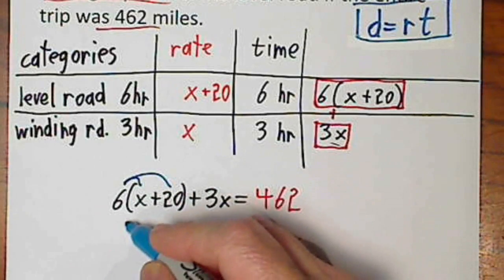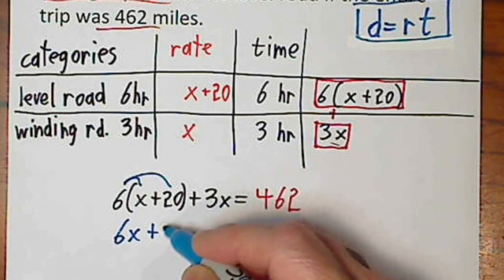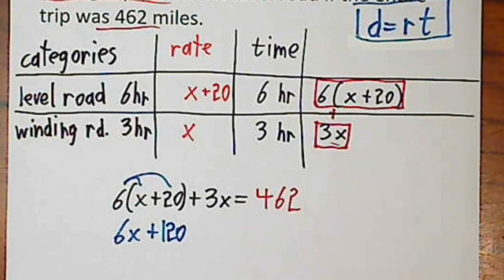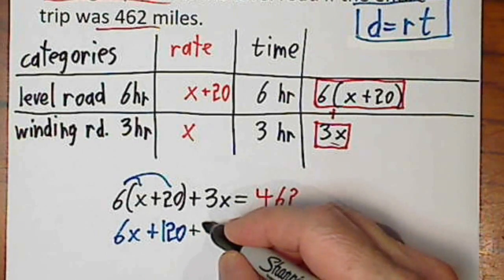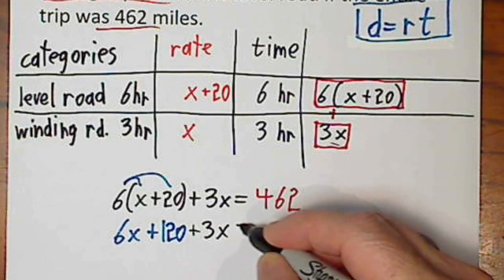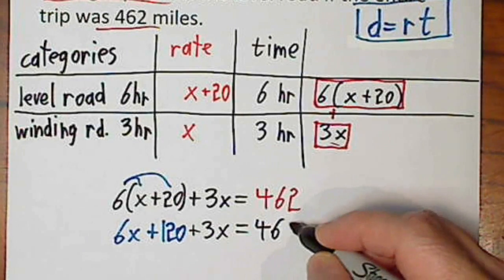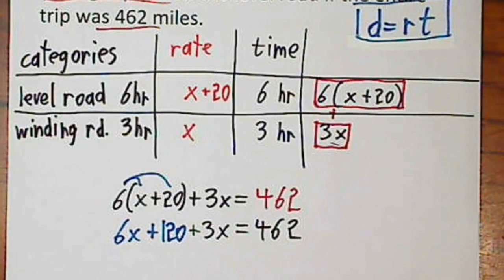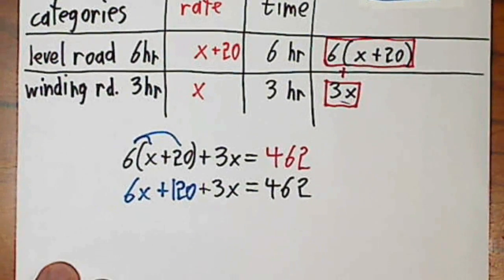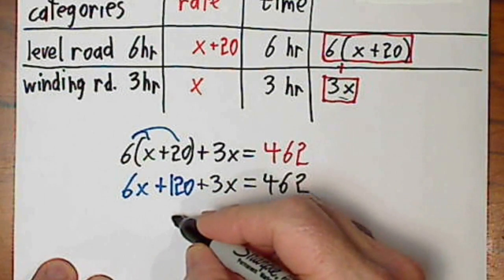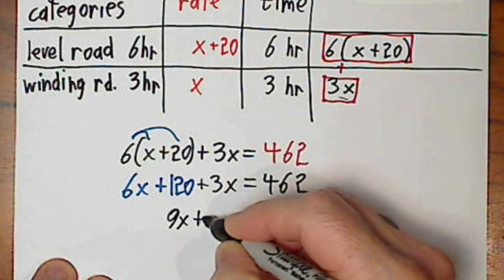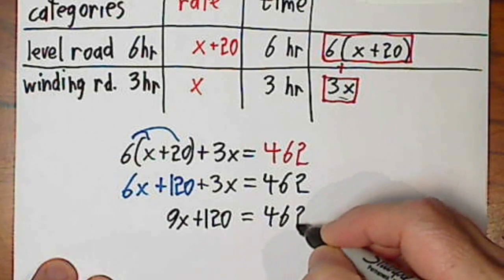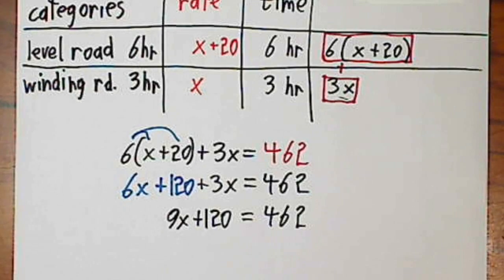Distribute your 6. 120. Okay. Bring down everything else. Combine like terms. Get rid of that 120.